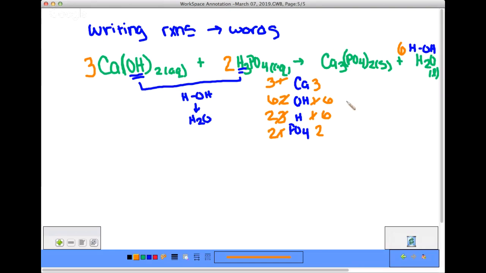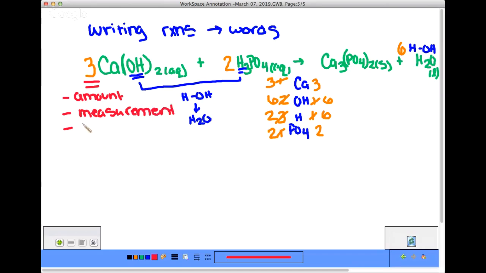So those coefficients are really important. When we write out a chemical reaction in words, the first thing we want to remember is we need to have the amount, which is our coefficients. We need to have the measurement, which is going to be moles, atoms, or molecules.